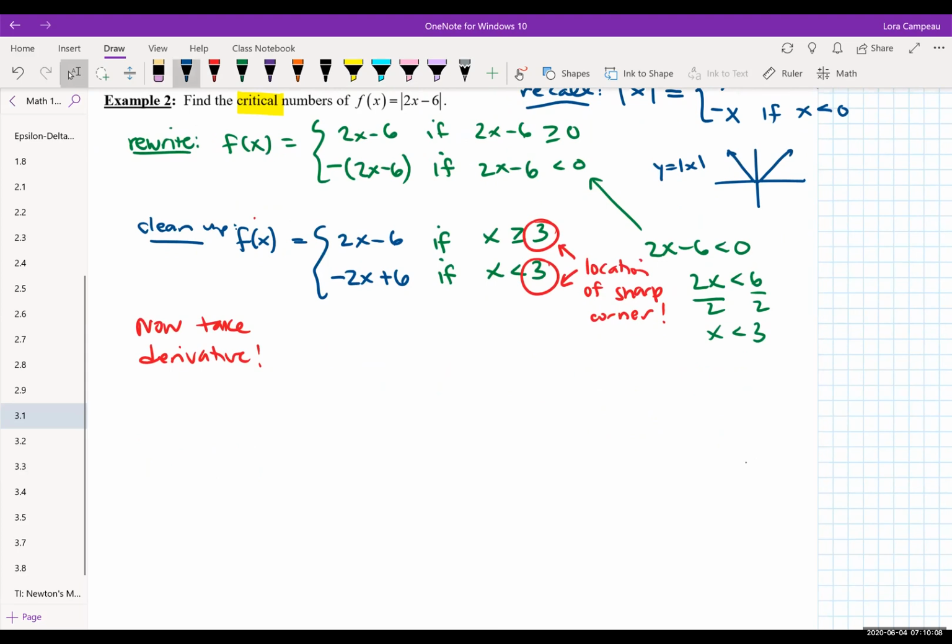If we do that, we have f prime of x is 2, and f prime of x is negative 2, the two different pieces. And we're making sure that we are listing the domain. So we have x is greater than or equal to 3, or x is less than 3.